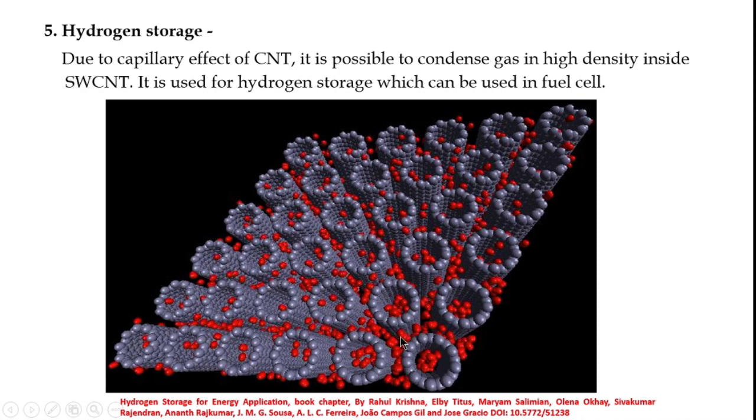So due to this capillary effect of carbon nanotubes, it is possible to condense gas in high density inside the single walled carbon nanotube, and we know that we require this hydrogen storage for fuel cells.